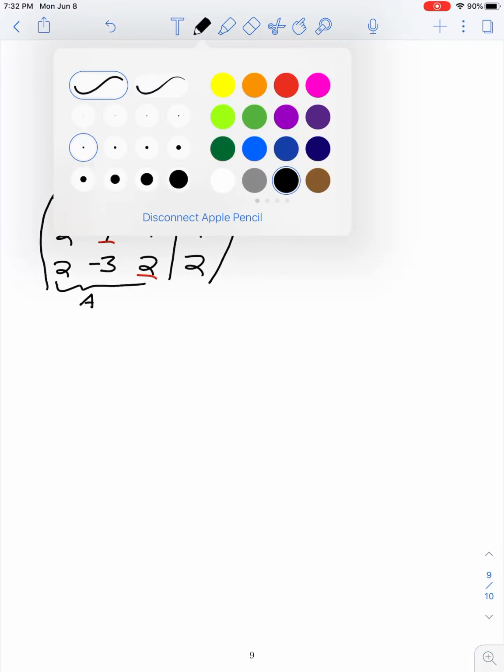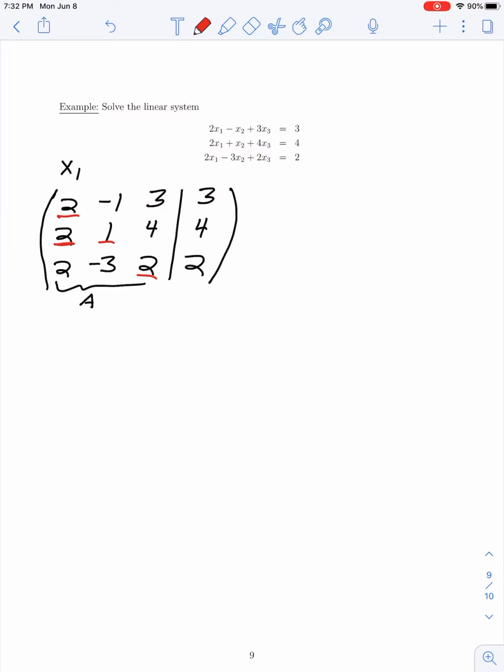But I know for the next two rows, for that first column, I want to have zeros. Now we see here that in the first column, all of our entries are 2. So to kill off the entries 2 in those second two rows, I could simply subtract the first row from them. That is, take row 2 minus row 1.